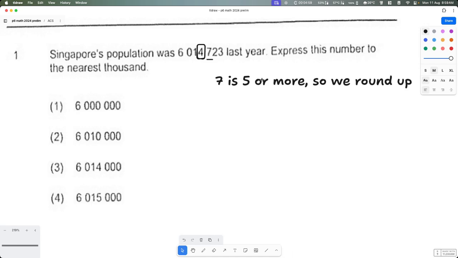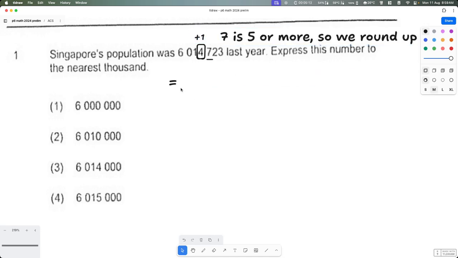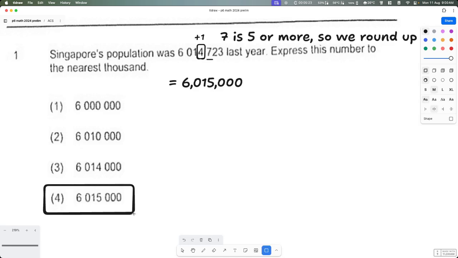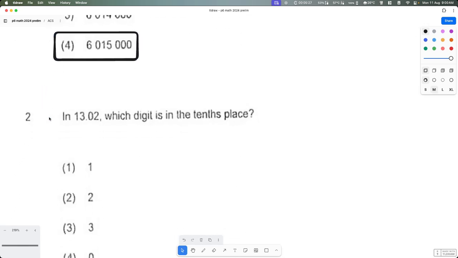We need to add 1 to the number 4, and that is where we will have 6,015,000, and that's it. So the answer to question number 1 is option 4. All right, so let's move on to the next question.